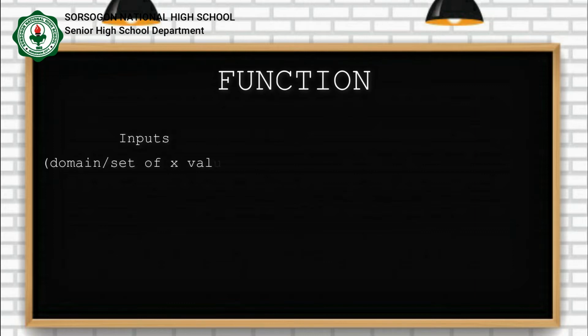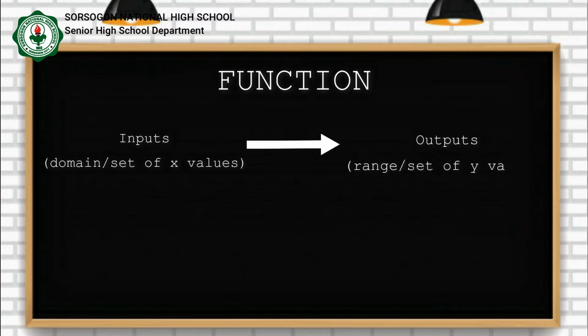Let's start with the definition of function. Function in mathematics is a relation from a set of inputs, also called the domain or the set of x values, to a set of possible outputs, also called the range or the set of y values, where each input is related to exactly one output.